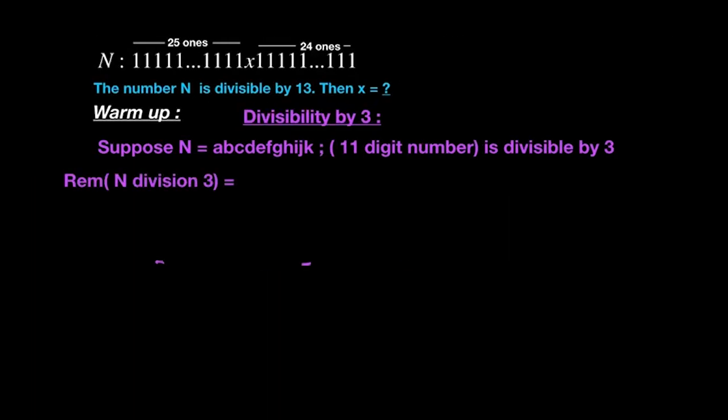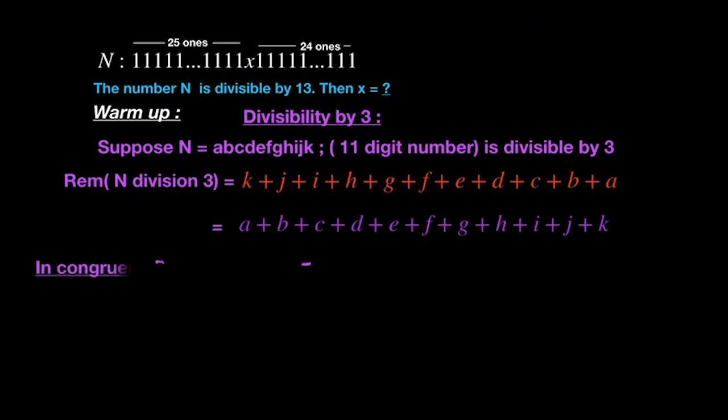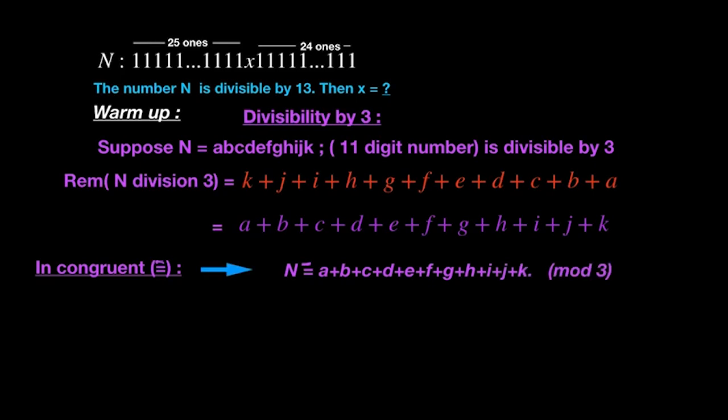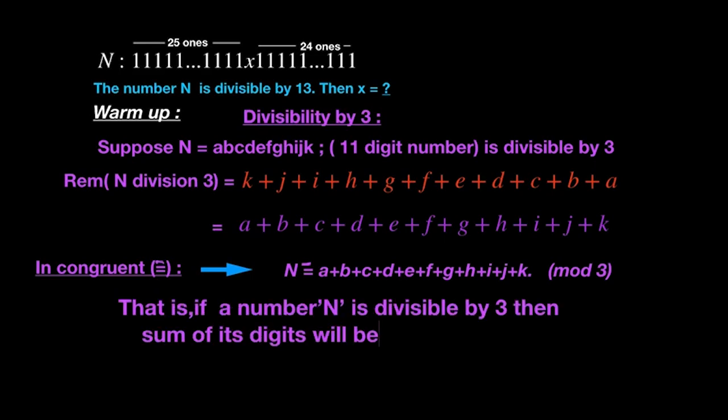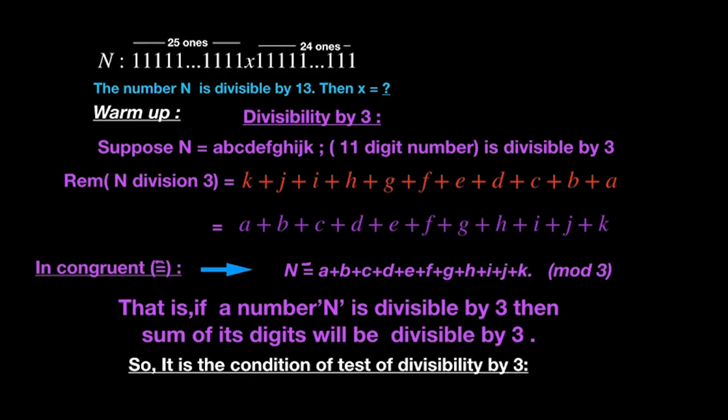Therefore the remainder of N when divided by 3 is K plus J plus I plus H plus G plus F plus E plus D plus C plus B plus A, that is nothing but the sum of the digits. In congruence we can write N is congruent to the sum of the digits modulo 3. That is, if N is divisible by 3, then the sum of its digits will be divisible by 3. This is the test of divisibility by 3.